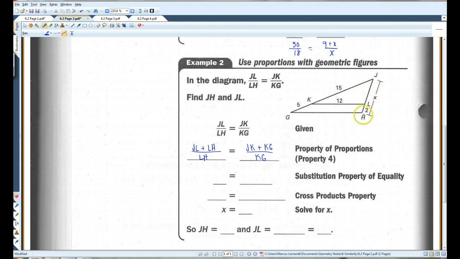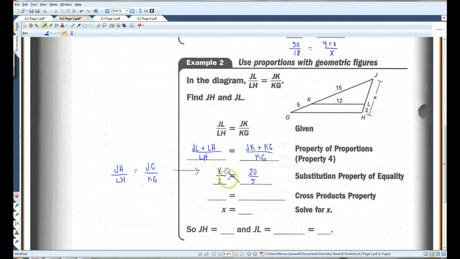I know what JH is. And JL plus LH, that's JH. Let me write that in here. JK plus KG is JG. I know that JH is x. And LH is 2. JK plus KG, that's 15 plus 5, which is 20. And KG is 5.